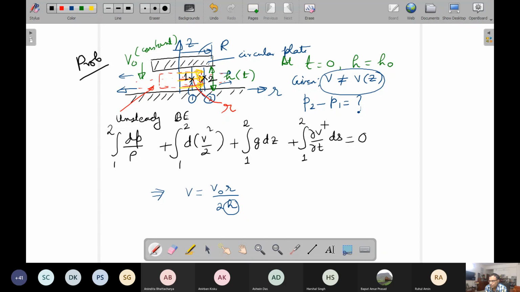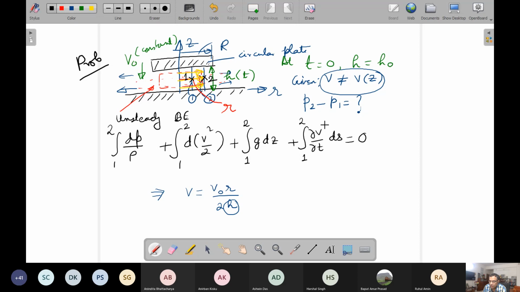Now, this situation can particularly pertain to a problem where you can have a very highly viscous oil squeezed between two solid boundaries. In fact, it is a very common engineering problem that you have a thin layer of oil separating two surfaces.